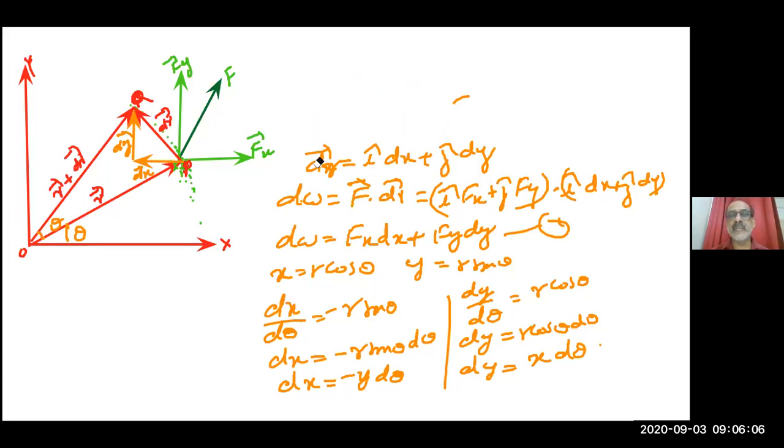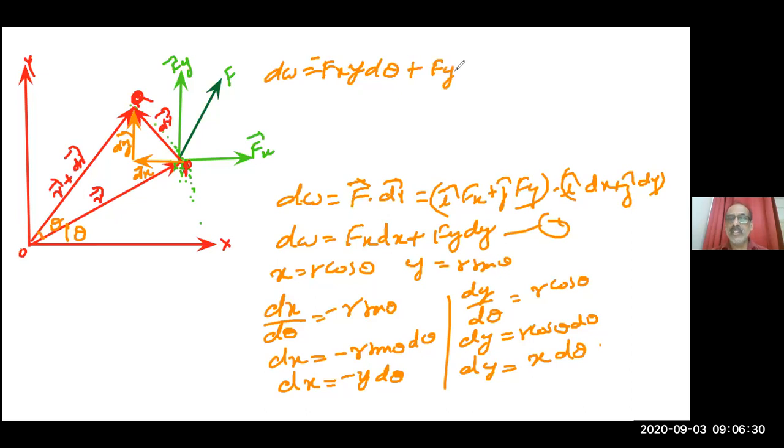Now we have to substitute all this in the first equation. dw is equal to fx times dx, which is minus y d theta, plus fy times dy, which is x d theta.